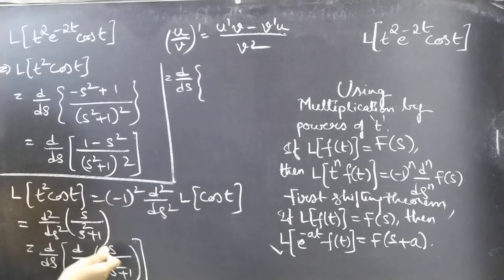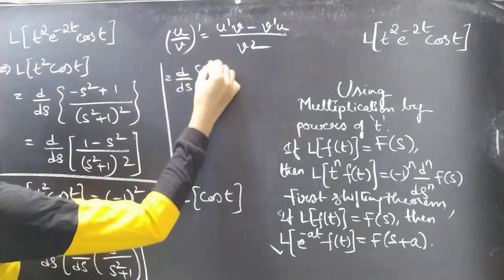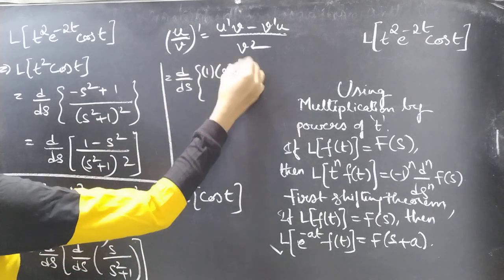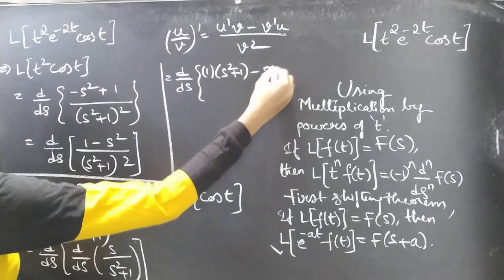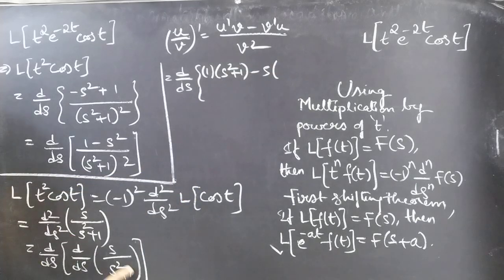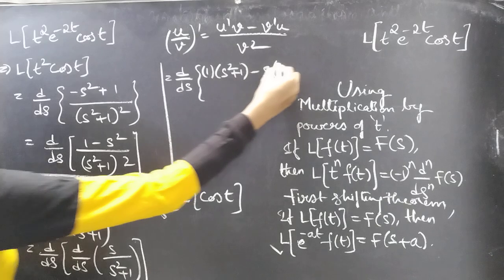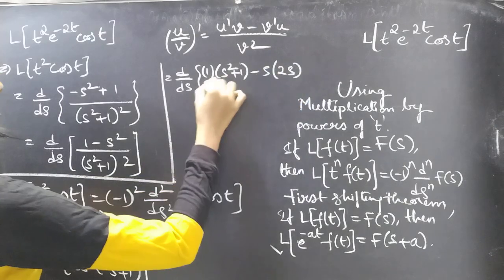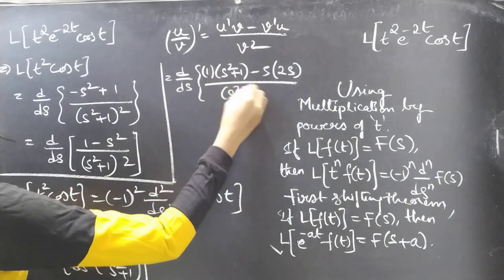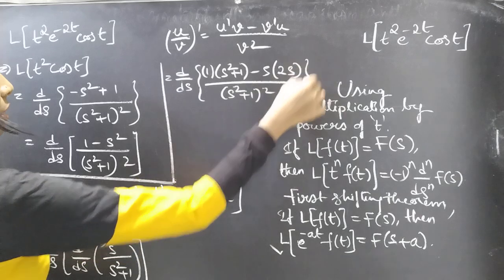is the derivative of s with respect to s, which is 1, into v, s square plus 1, minus u into v dash. The derivative of s square plus 1 is 2s plus 0, which is 2s, by v square, which is s square plus 1 whole square, right?